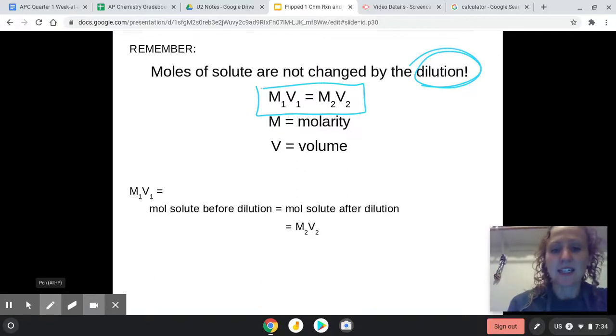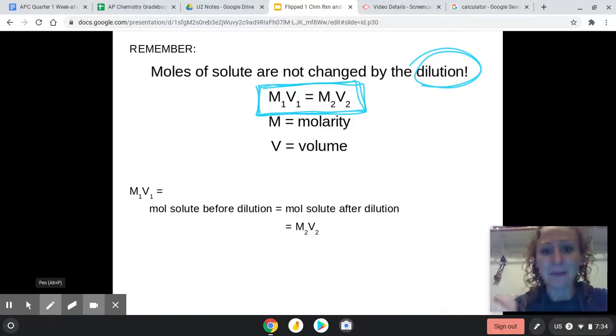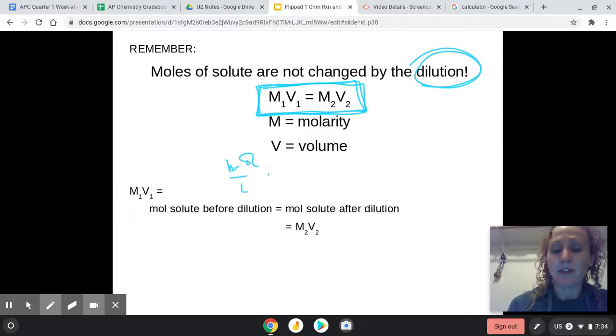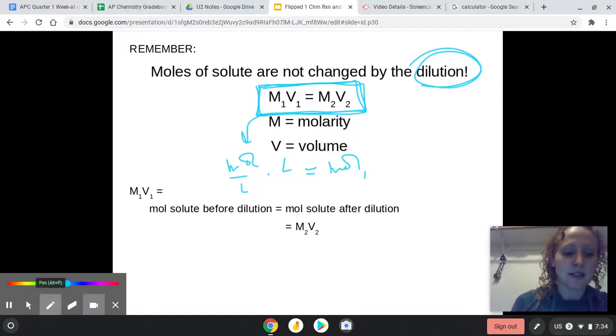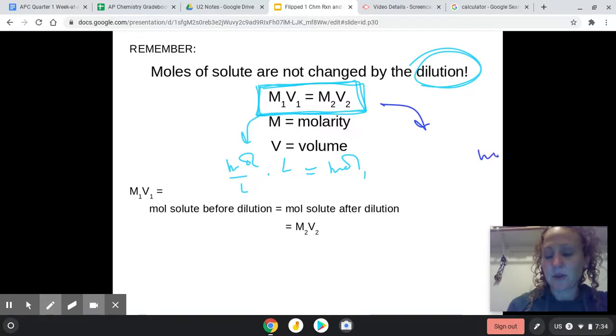This is the M1V1 shortcut. If I have molarity, moles per liter, and I multiply it by volume, liters, what do I get? I get moles of that first solution. And then if I do that again on the other side, molarity times volume, I'm going to get moles of solution number 2.